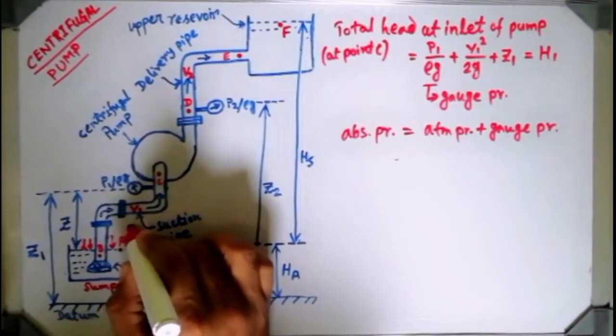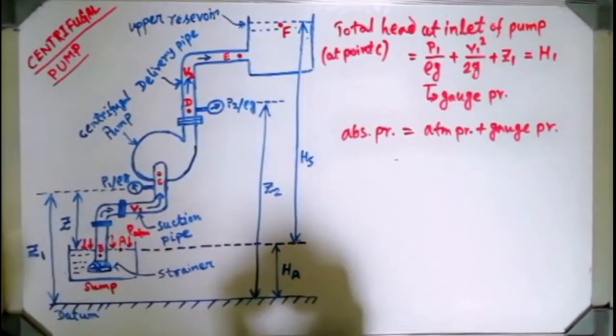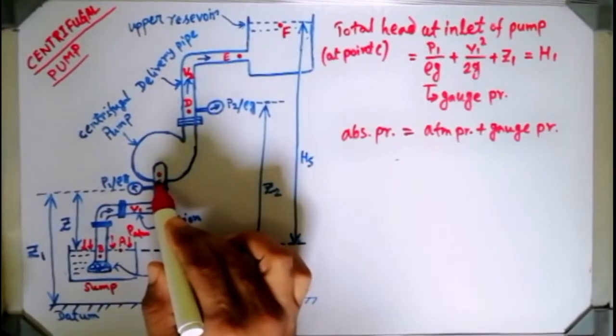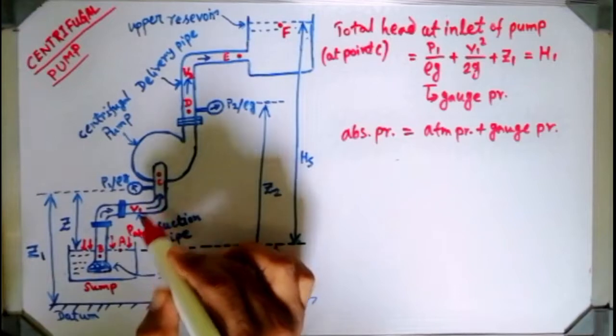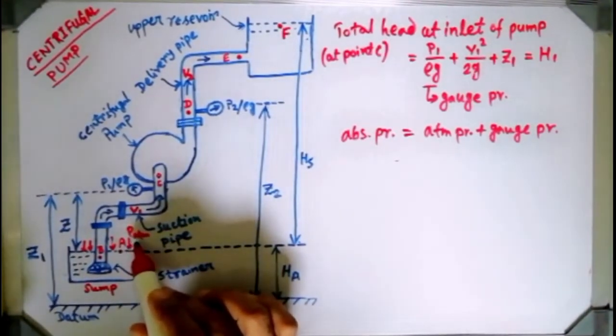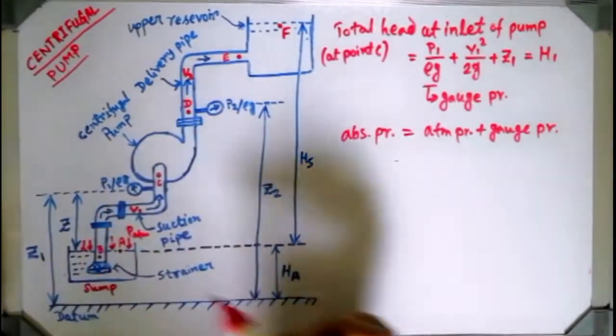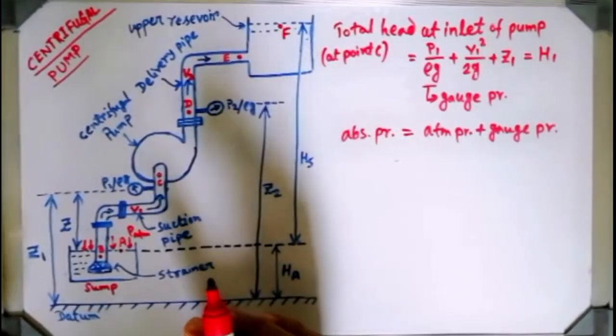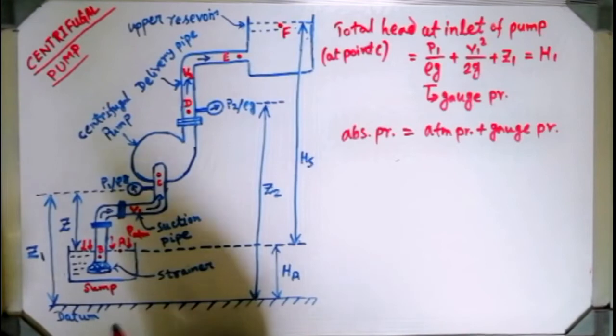Here P atm is working. So unless the pump creates a pressure gradient, it should be a lesser pressure than atmospheric pressure, otherwise the liquid cannot go inside. We need to have a pressure gradient, isn't it?